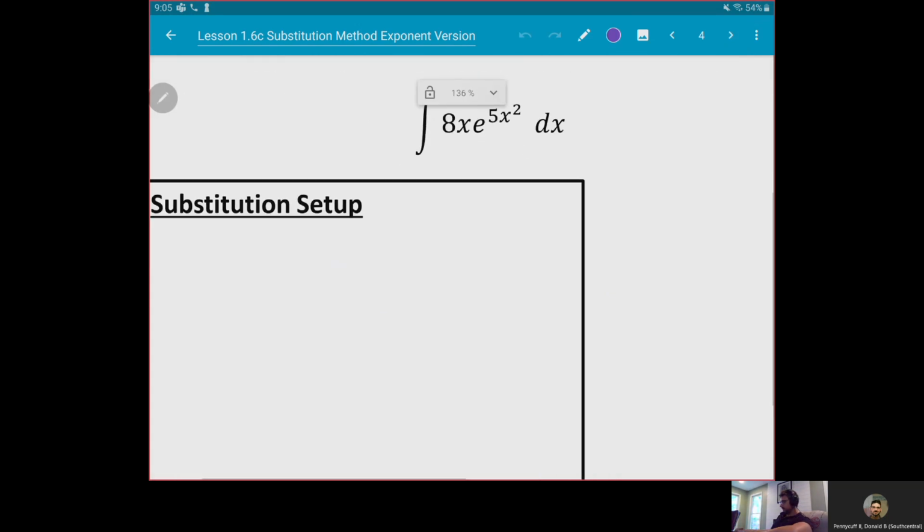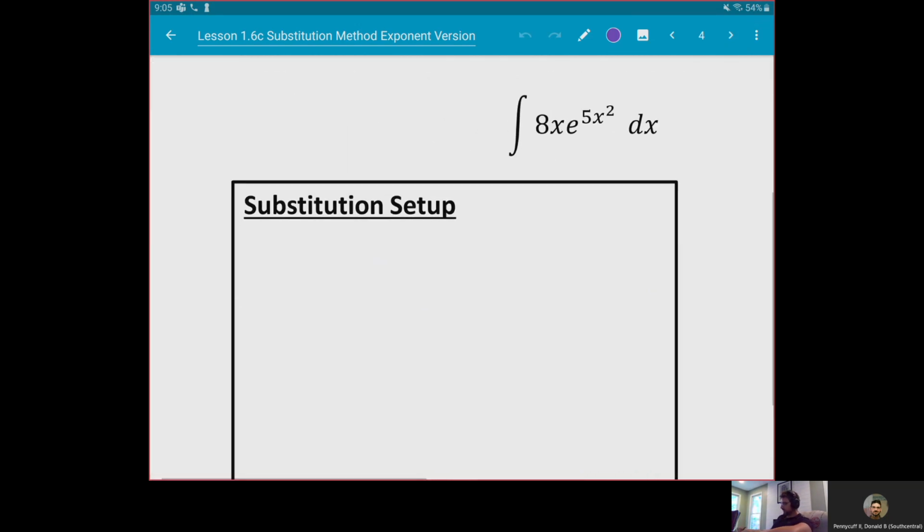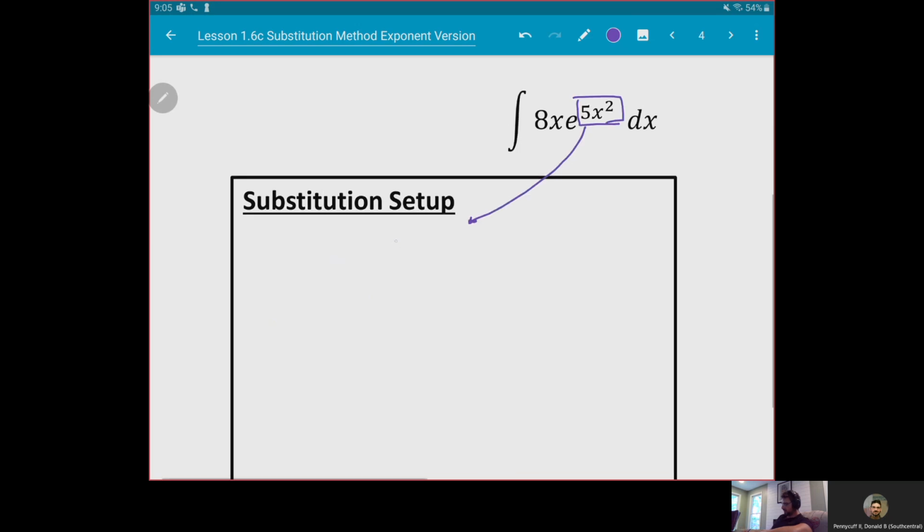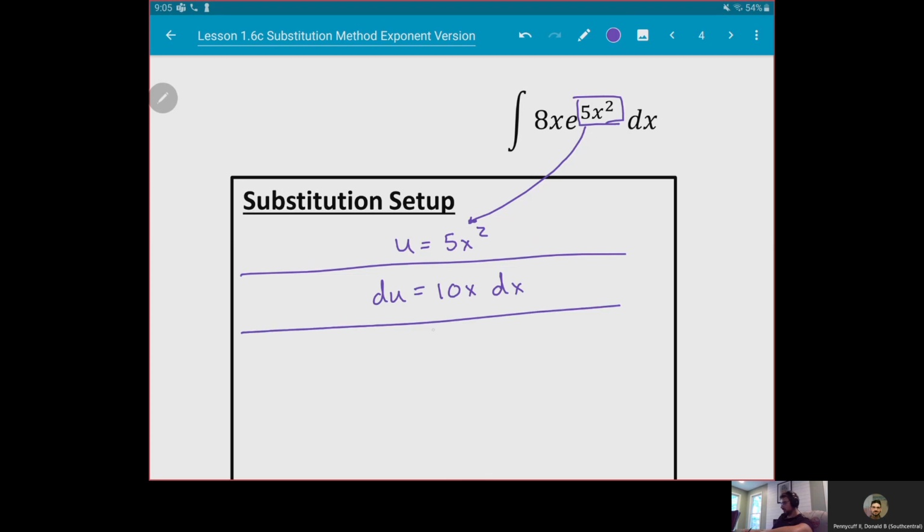So right here, just like we did on the previous one, the entire exponent is going to be the u. So that's going to be u equals 5x squared. And so du is equal to 10x dx. Move that over.